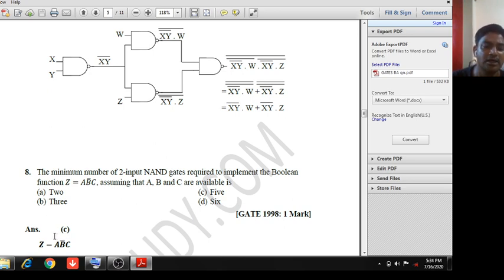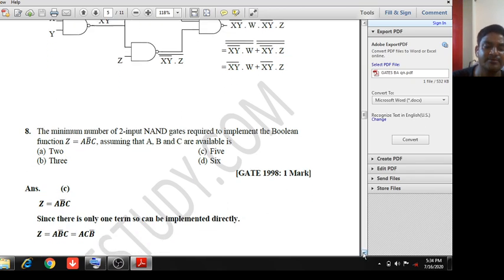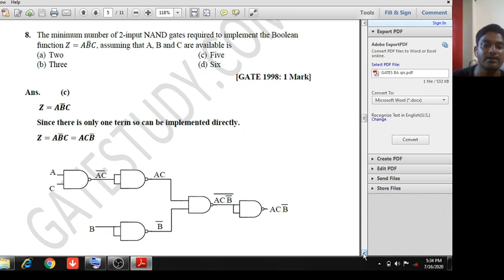Apply the double complement for A B bar, then again the double complement for C. Just try this expression in your copy, and there will be 1, 2, 3, 4, 5 gates. Just practice it.